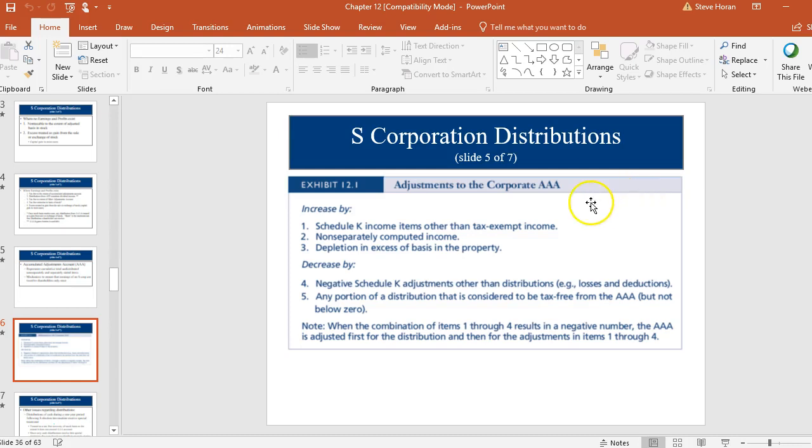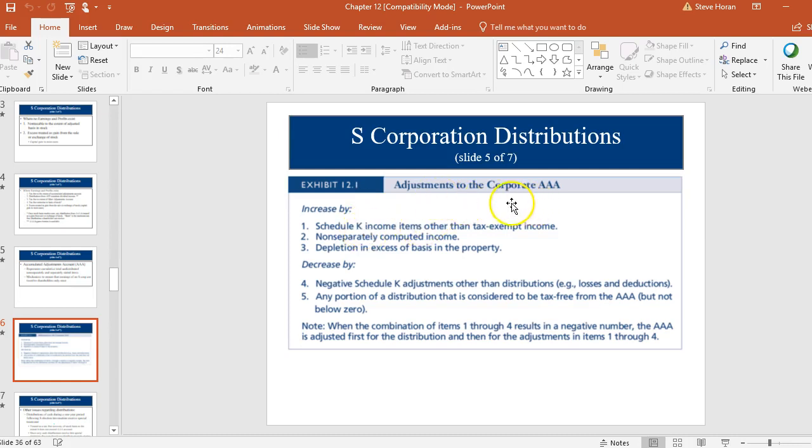So S corp distributions, this is just a good exhibit to think through here and be aware of when it comes to your homework. And that's wrong. It says exhibit 12.1. It's actually 12.3. It's on page 16 of your chapter.